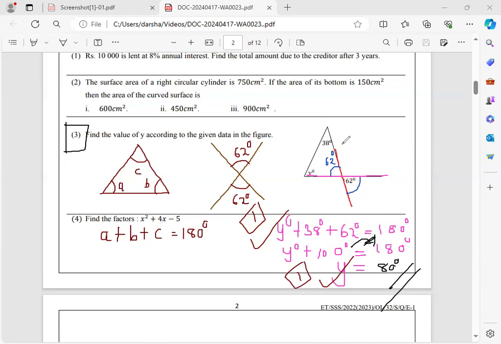They don't expect you to write down reasons, such as this is 62 because vertically opposite angles, or that these three add to 180 because the sum of the interior angles of a triangle is 180. That reason is not required. I just told you to recall. Then note down the answer for question number 3.